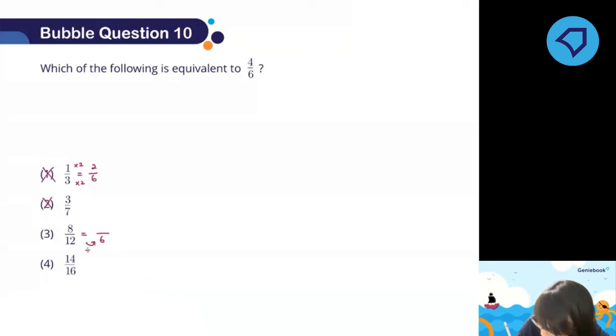By dividing it by 2 and dividing it by 2, you realize that, hey, you have 4 over 6. So option number 3 is the correct answer. And when you want to find this one in the simplest form, you divide by 2, you get 7 over 8. So 7 over 8 and 4 over 6 are also nowhere near each other. Okay, so in this case, your answer would be option number 3.